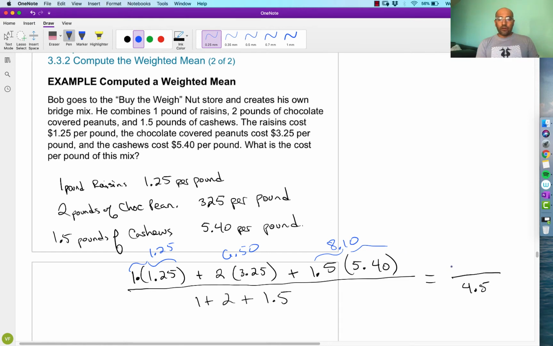So this numerator here is going to be the 1.25 plus the 6.50 plus the 8.10.